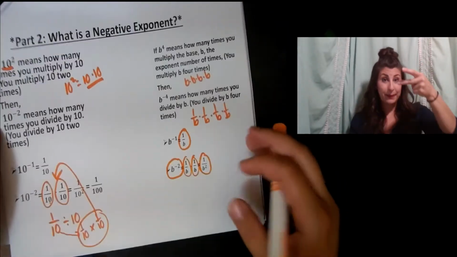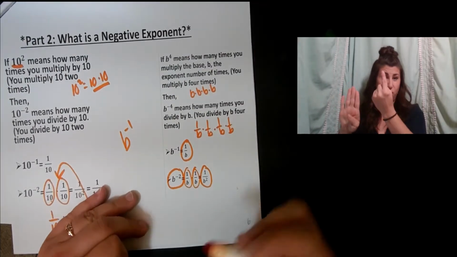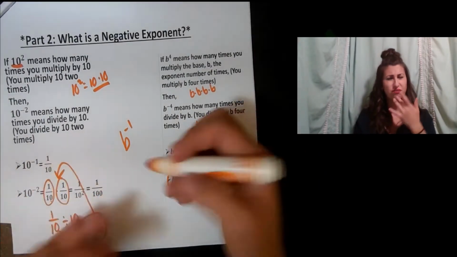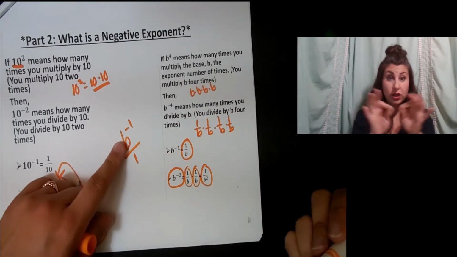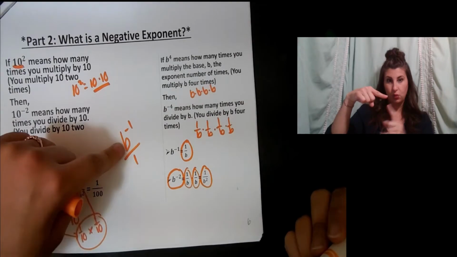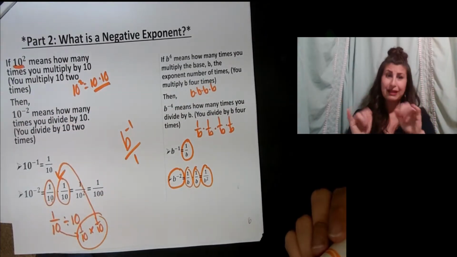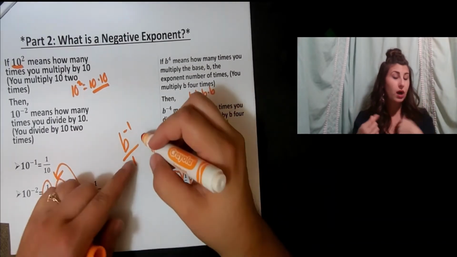So let's look back over here. I had b to the negative 1. I like to think of this as a fraction. So you can think of it like this. Okay, because it doesn't change the value of b to the negative 1st power if it's over 1, because it will still be b to the negative 1st power. So what I'm going to do is flip it.